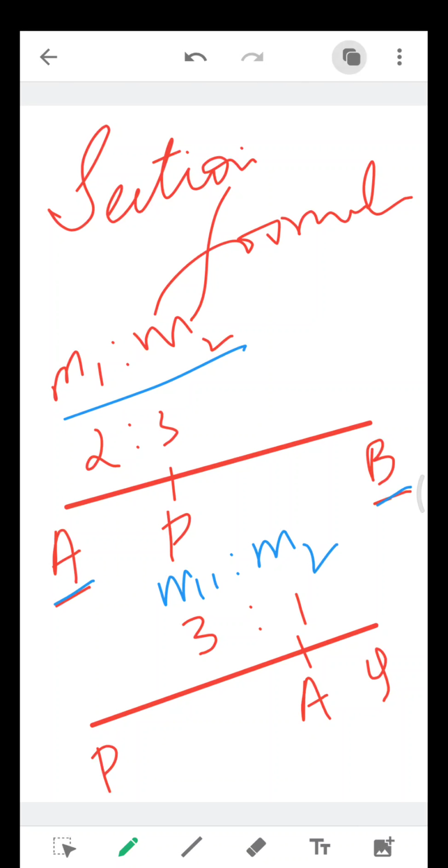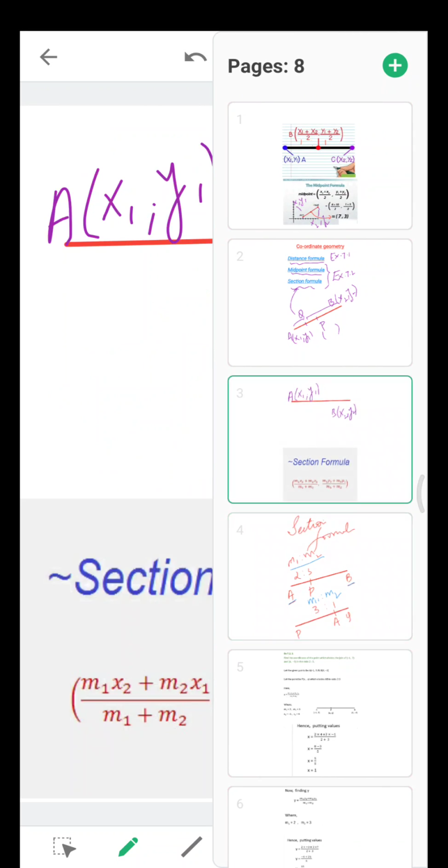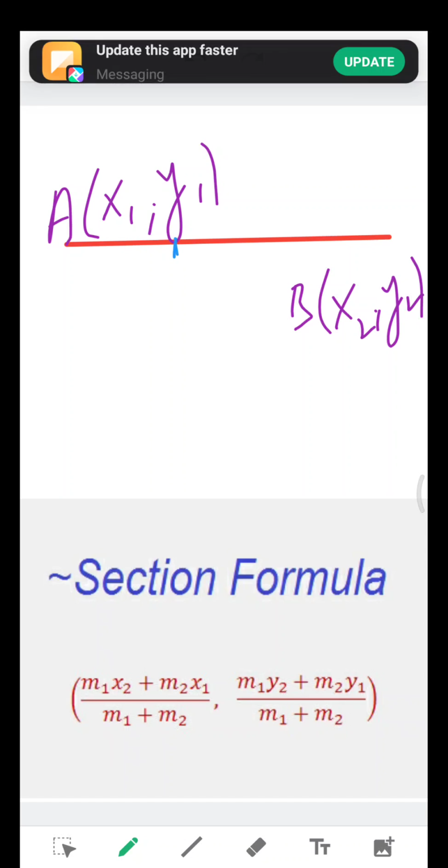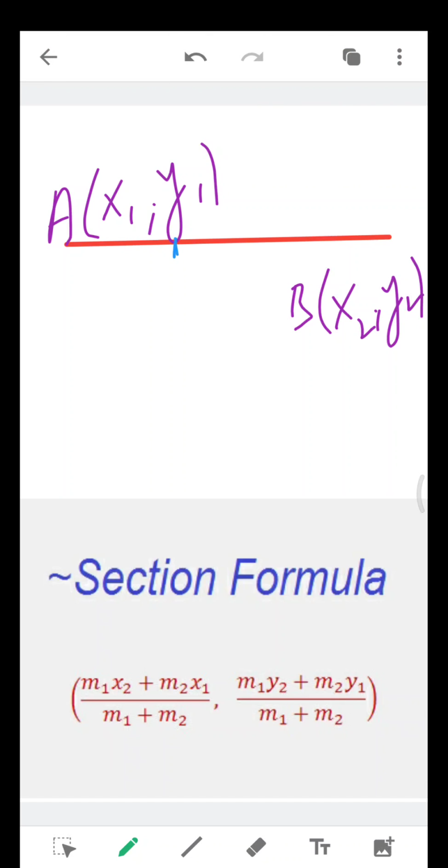So let's have a look at the formula. Here is the formula. When a line segment A (x1, y1) B (x2, y2) joining these 2 points is divided by any point, say P, in the ratio m1 is to m2. Some ratio should be there, m1 is to m2. Just now I told you the example.